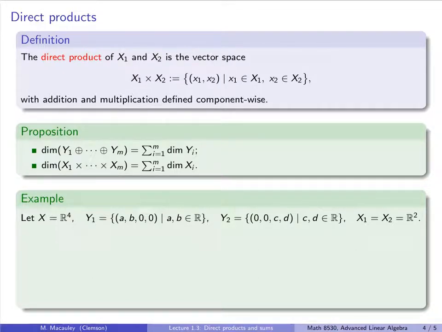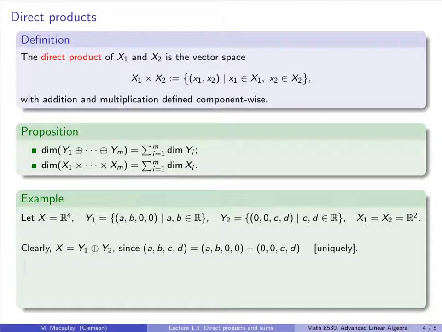Let y1 and y2 be the following two subspaces. y1 is a 2-dimensional subspace where the last two entries are 0, and for y2, the first two entries are 0. And let's let x1 and x2 both be R2. So these are 2-dimensional spaces. These are isomorphic to y1 and y2, but they're still very different. Now, this is a set of 4-tuples, and these are a set of ordered pairs.